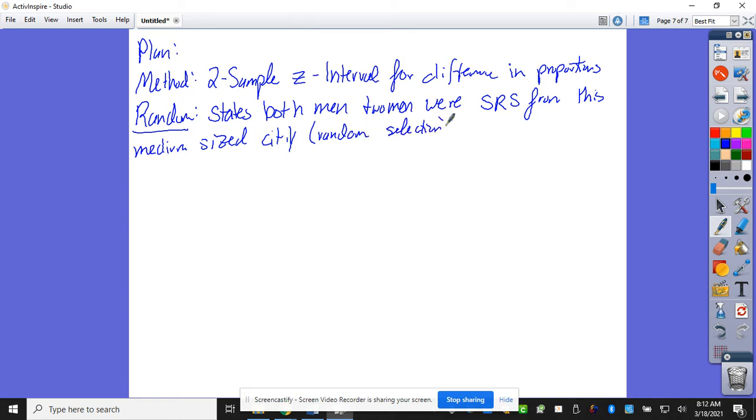And both of them happen to be random selection. I don't know that I've ever seen a case where one of them is random selection and one of them is random assignment. So usually they're both the same.